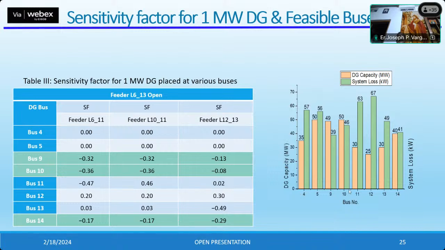But when we place 49 megawatt at bus number 9, the loss is 39 kW. From this analysis, we reveal that among these three feasible buses, the optimal bus is the bus where the loss is minimum, and the respective capacity is called the optimal capacity.